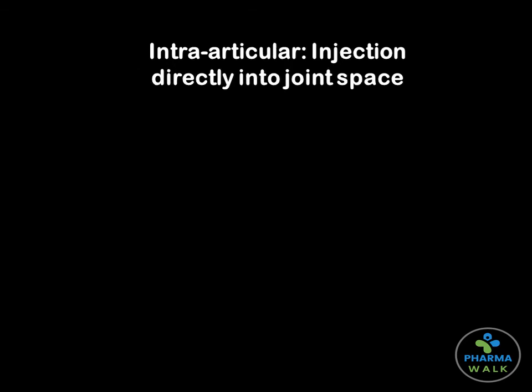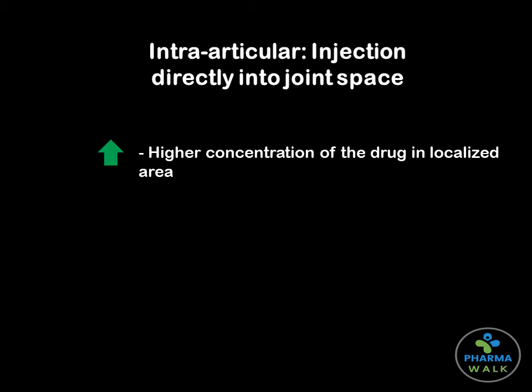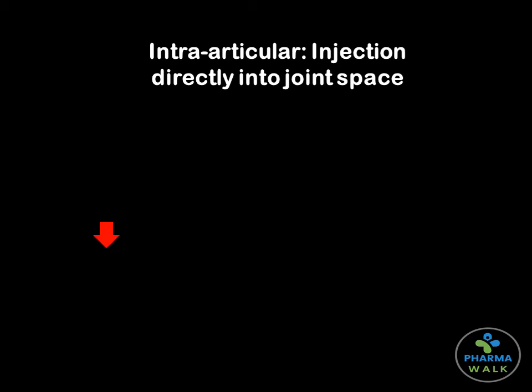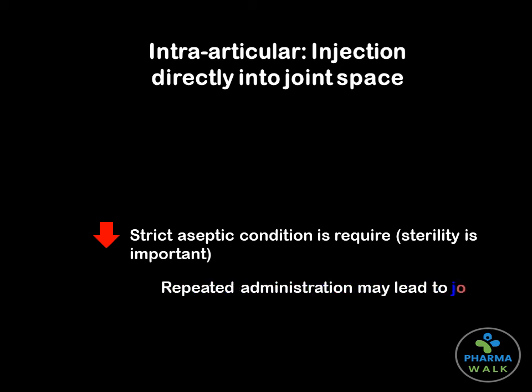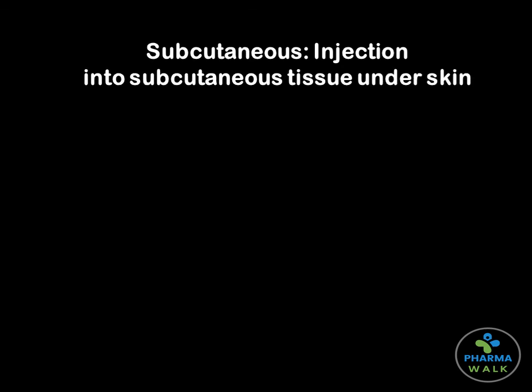Then intra-articular: injection directly into the joint space. Benefit: higher concentration of drug in the localized area. Demerits: same sterility is important, and repeated administration may lead to joint damage. Also it's painful.